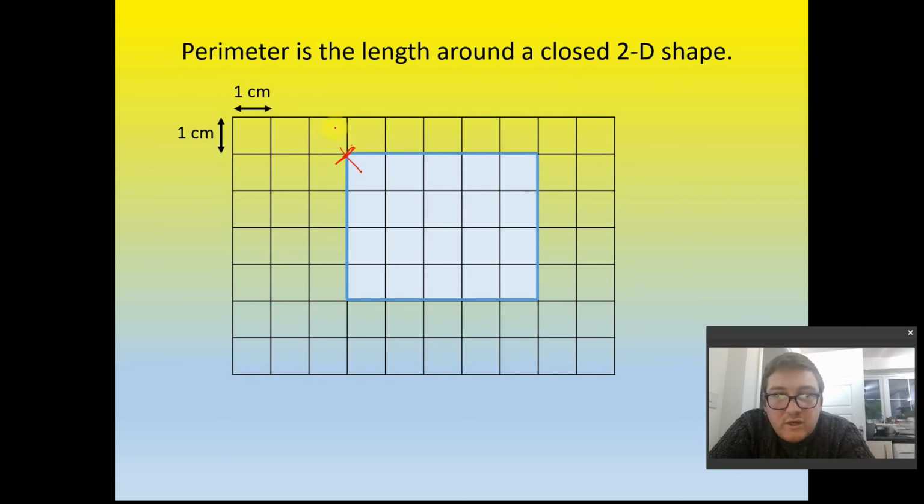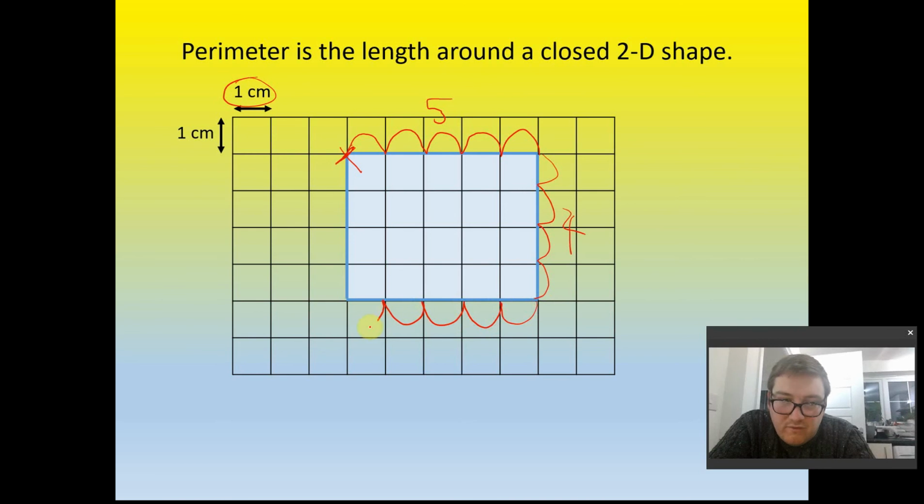So I know that 1 square equals 1 centimeter. So 1, 2, 3, 4, 5. I know this length is 5. 1, 2, 3, 4. I know this length is 4. 1, 2, 3, 4, 5.